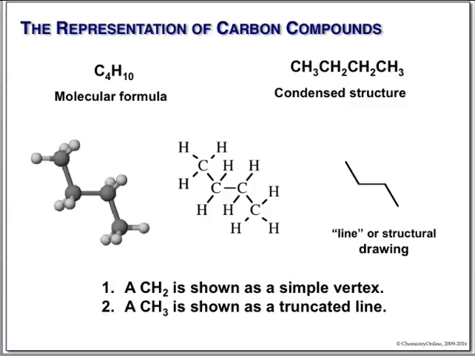This line that goes up and stops is the same thing as our CH3 right here. Every time we see a vertex in our zigzag, again, we're going to draw these as zigzags, we know that the zigzag represents a CH2. So we look at this and we say, in this structural drawing, we have a CH3, a CH2, CH2, and another CH3. Now, that's the way it's supposed to work.